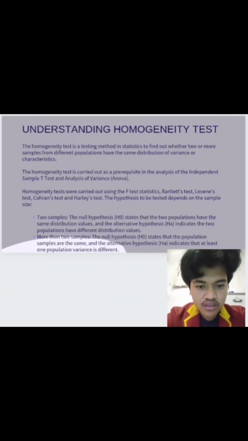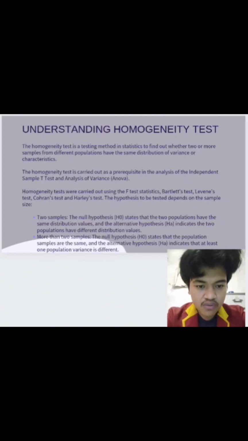Two samples: the null hypothesis states that the two populations have the same distribution values, and the alternative hypothesis states that the two populations have different distribution values.